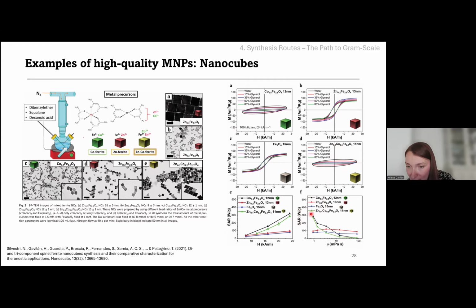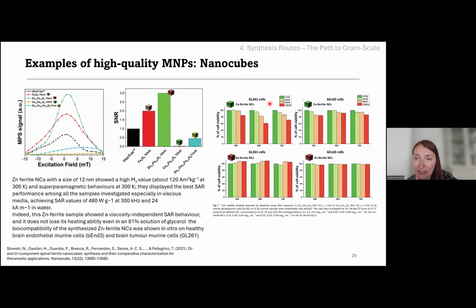We see that even at the beginning, cobalt nanoparticles could heat much more, but those offering a stable value are iron oxide, and mostly the best one was zinc ferrite. This is very nice because we saw that zinc ferrite were found to be biocompatible.